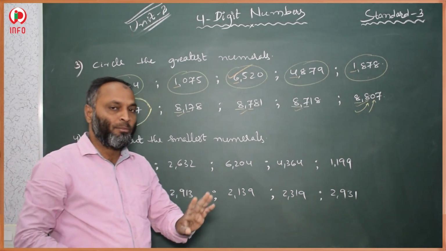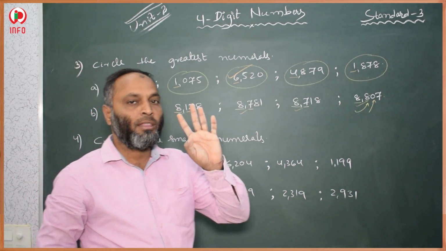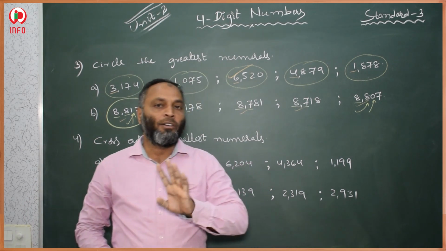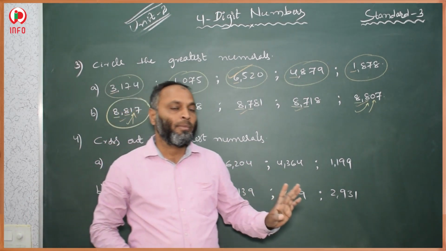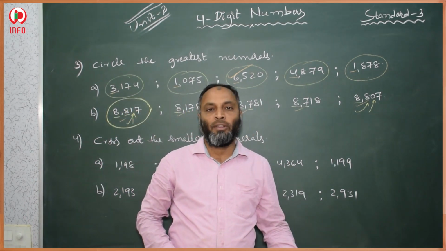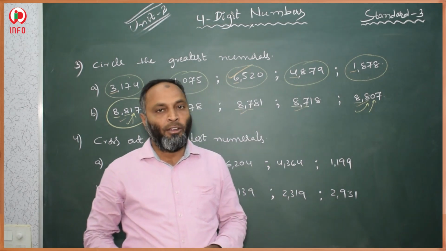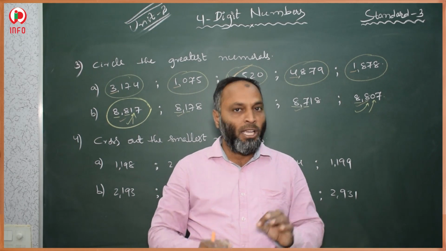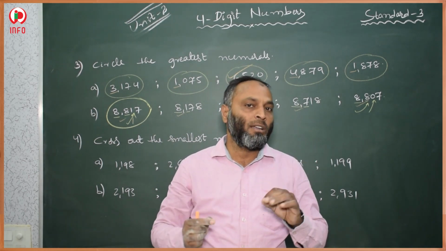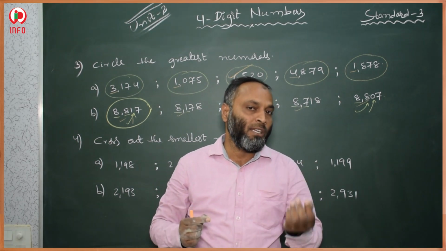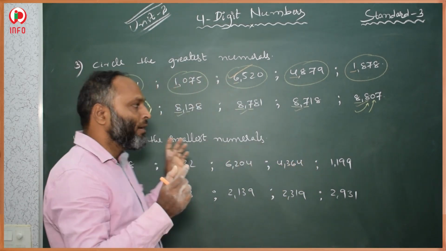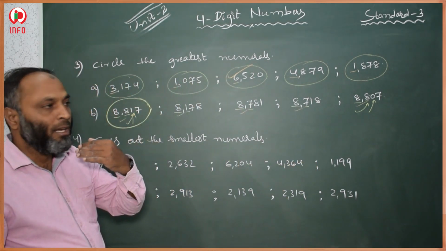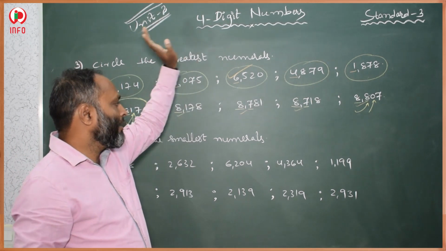The concept is, first we go for thousands place value. If thousands place values are the same, then we go for hundreds place value. In hundreds place value, which one is the bigger? First you take out the bigger values. If two numbers have the same bigger value, then you compare only those two. Remaining values you have to eliminate.